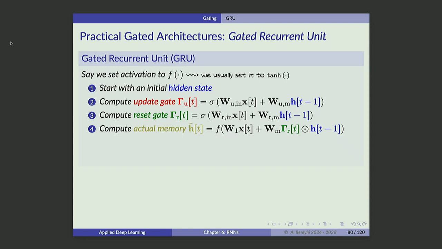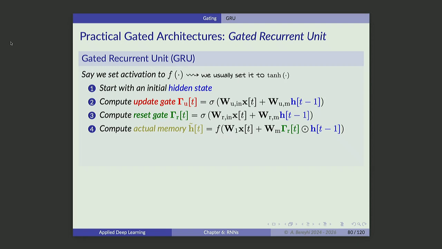If I set this green gate here to be 0, it's going to get multiplied with the previous memory and kill it, and whatever I compute is just in terms of my most recent input, right? Make sense? If I keep it completely open, at 1, then this is going to be exactly as we had it in the basic RNN, right? And if I keep it somewhere in between, this means that I'm going to take just a part of the information from before, right?